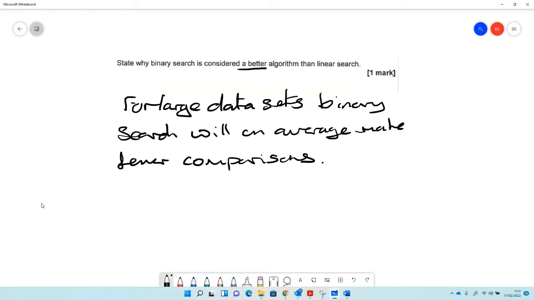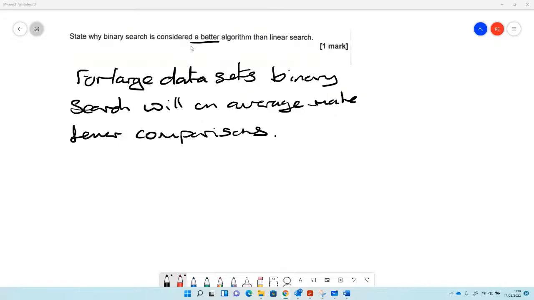And that's because of this divide and conquer idea. However, for small numbers, linear search is okay. There's not anything wrong with linear search for small amounts of numbers. Why is it considered a better algorithm? Well, this is a good answer to this, but it's not the full story, of course.